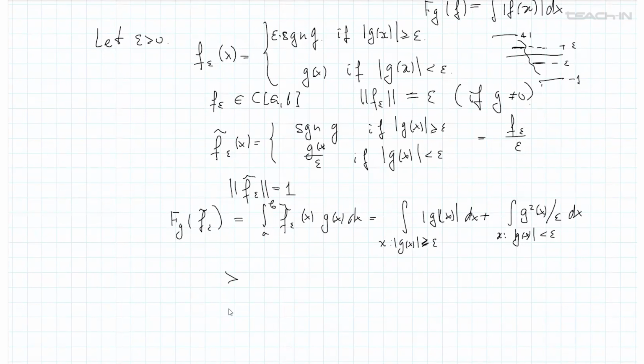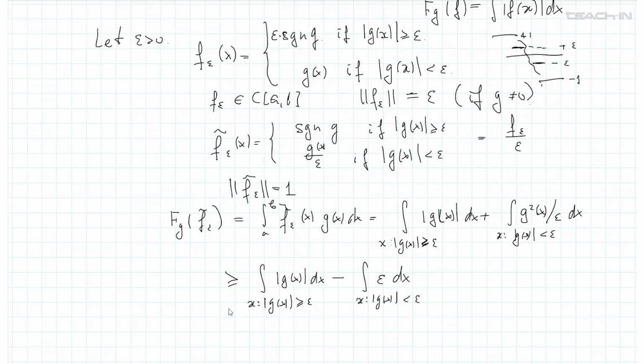So it is, minus here, epsilon, g of x less than epsilon. Let's take the largest value, then the integral over x such that g of x is less than epsilon, and subtract the largest possible value. The largest possible value for g on this set is epsilon, yes?